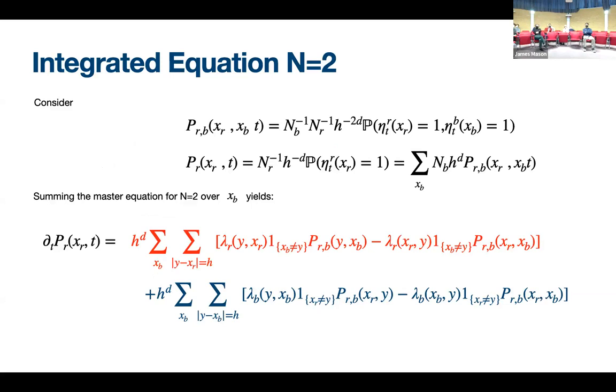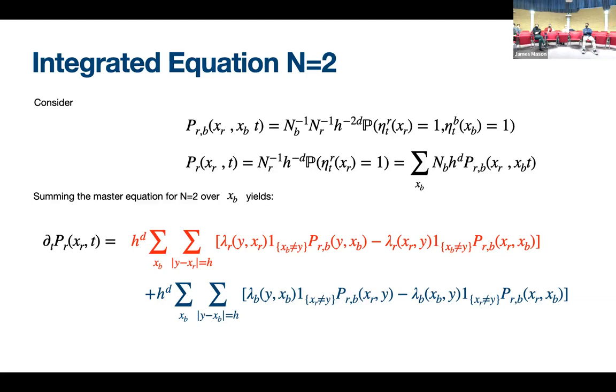These are probability densities. To find an equation for PR, we integrate out the second particle position from the master equation. So this is our master equation, but I've summed over xb.